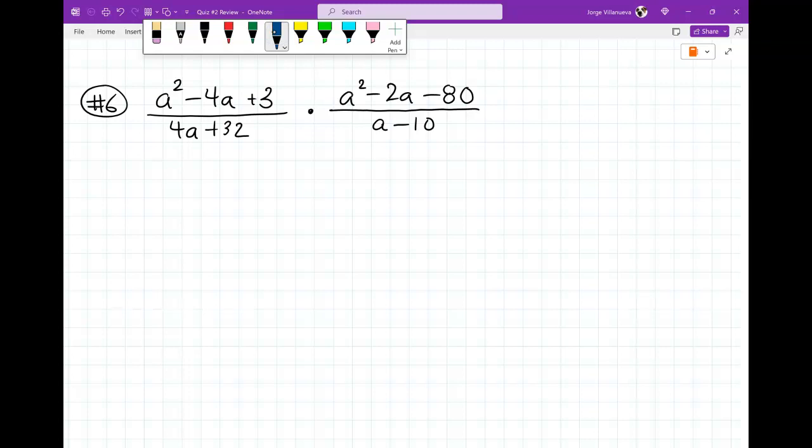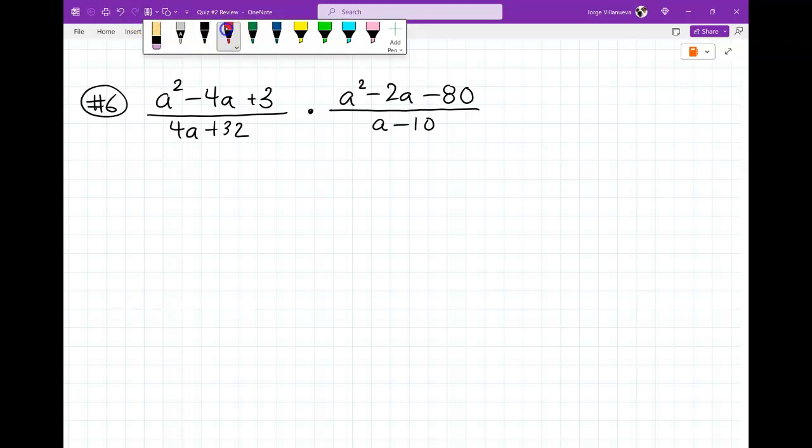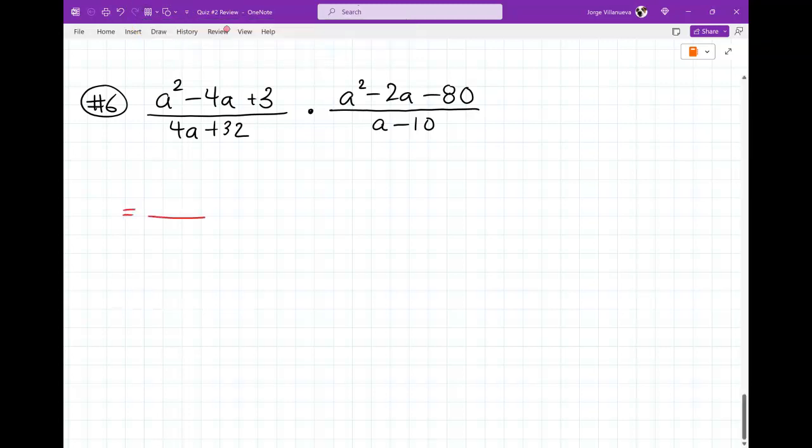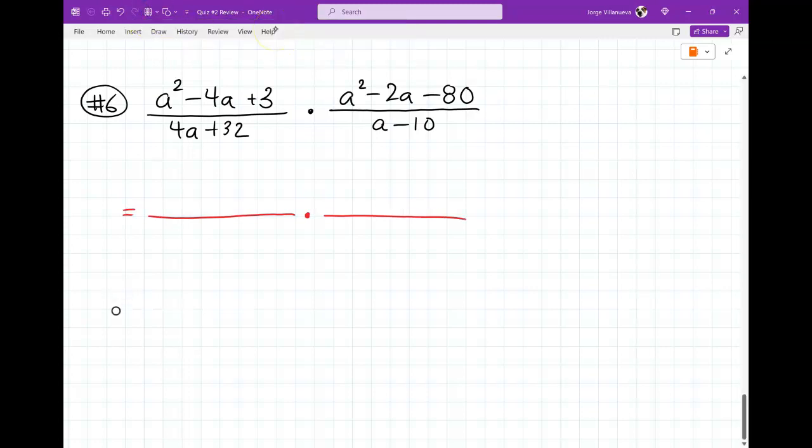So let's start with the left side fraction top part. A squared minus 4a plus 3. A is equal to 1, B is negative 4, C is 3.